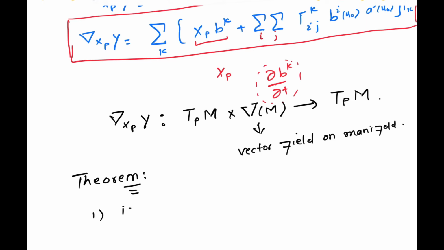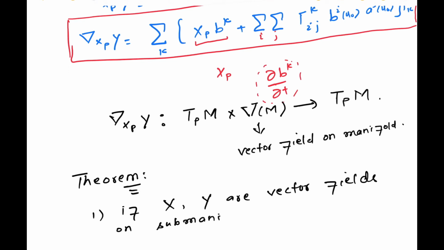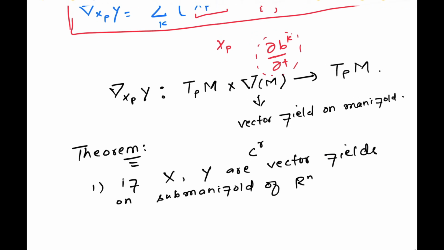If x, y are vector fields on a submanifold of Rn, and these are C^r vector fields, which means they are r times continuously differentiable, then this del x y at point p, which is equal to del xp, the covariant derivative of y at point p along x, is C^(r-1).